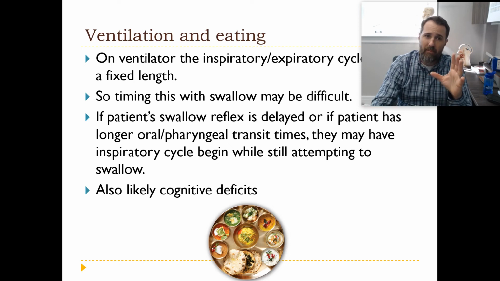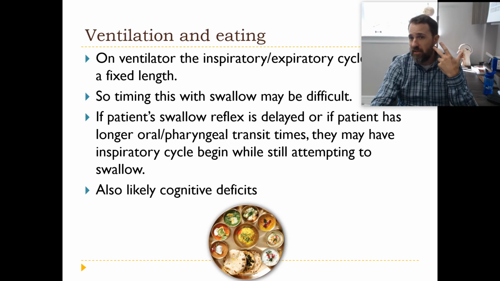And this can be a problem if you have a delayed swallow. It can be a problem if you have cognitive deficits. And obviously, swallowing itself might be difficult or a chore with the endotracheal tube in place, because that tube is going to be passing from your pharynx down into your airway.